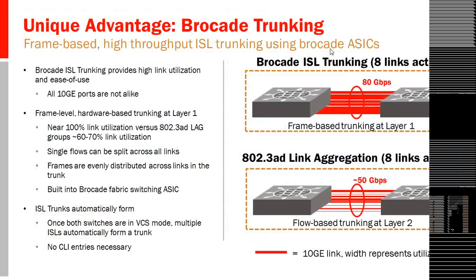This is an inter-switch link, a common industry term, so just links between two adjacent switches in a fabric. Like me, you guys are probably used to only having available the 802.3ad link aggregation standard, LACP trunking, in other words LACP EtherChannel or link aggregation groups.